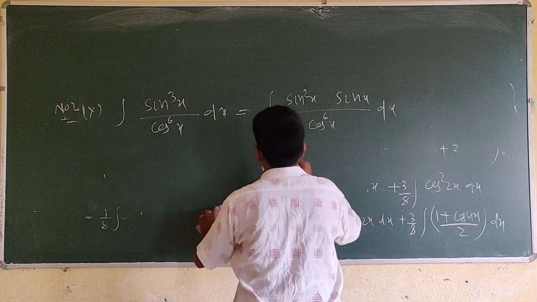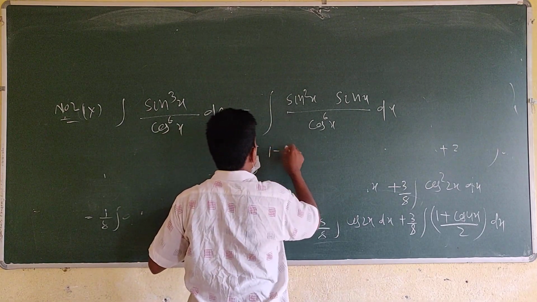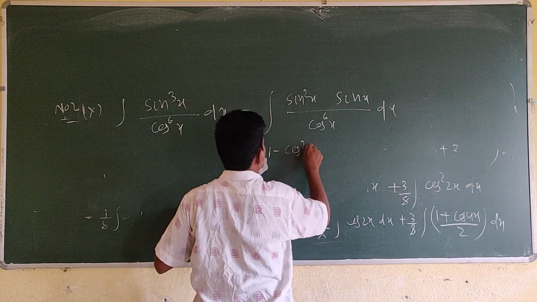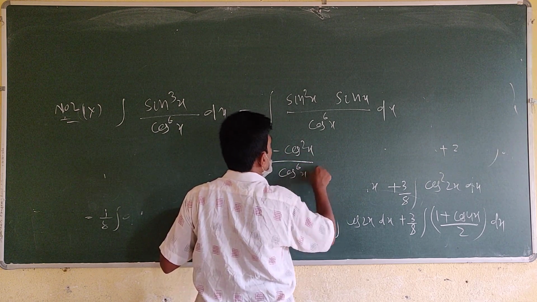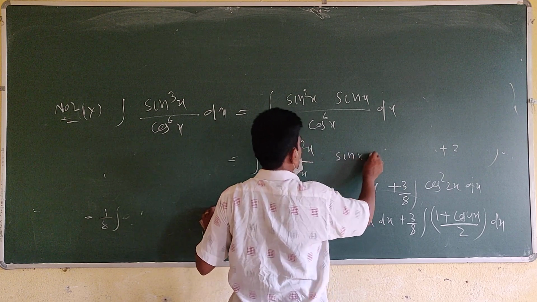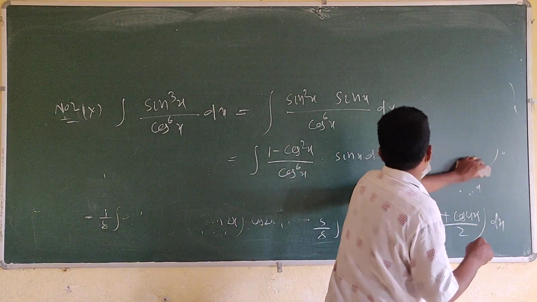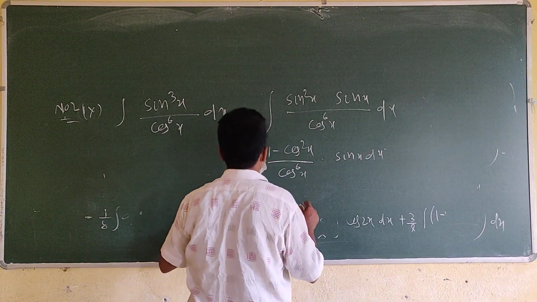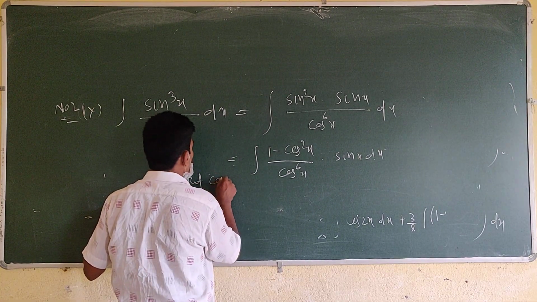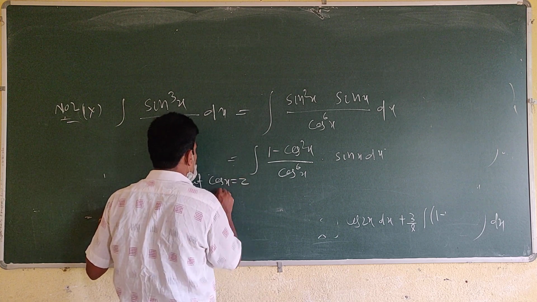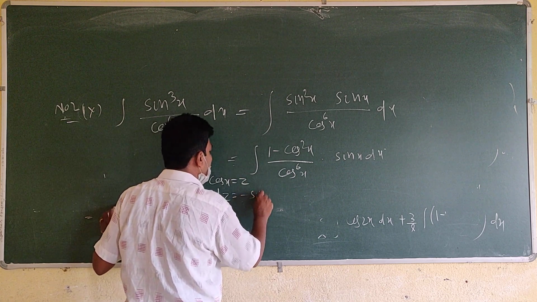I have simplified that: it equals 1 minus sin square x, that is 1 minus cos square x, by cos 6x, into sin x dx. You look, put cos x equal to z, the substitution method. So dz is equal to minus sin x dx.